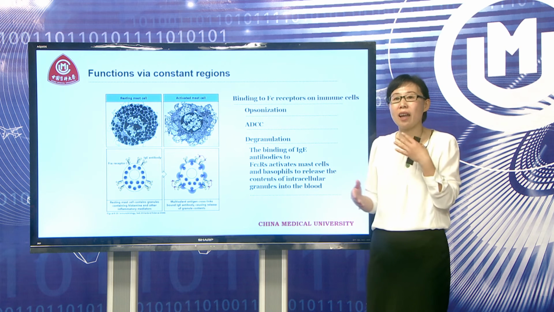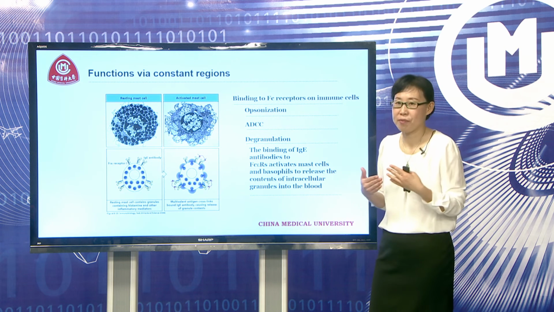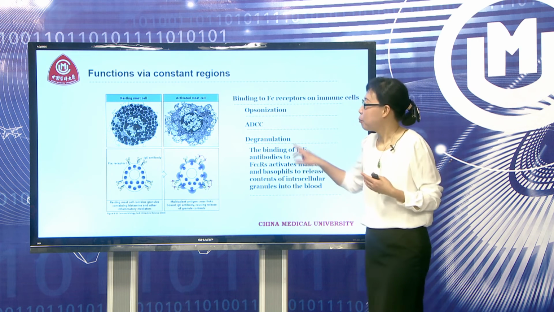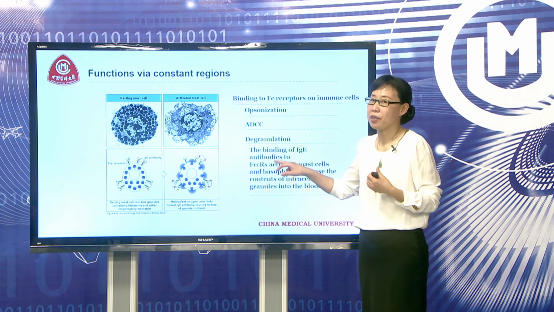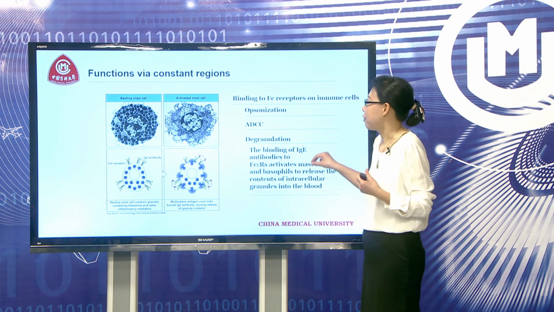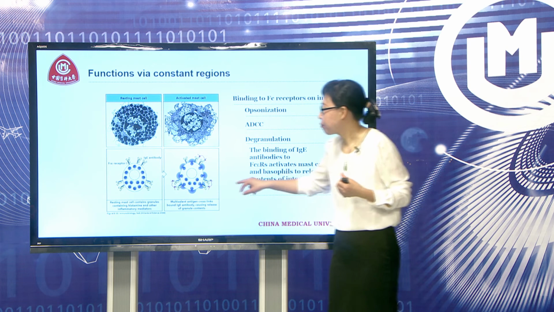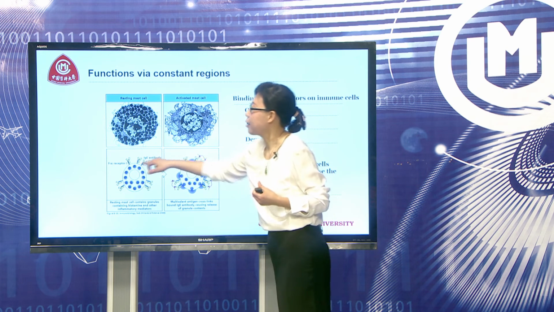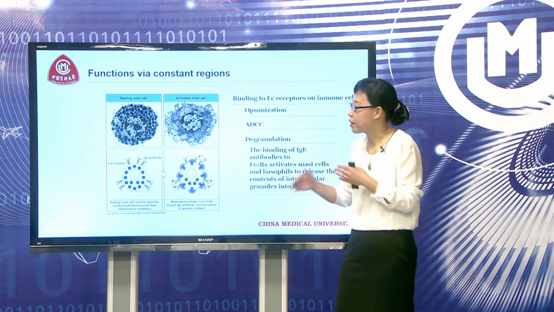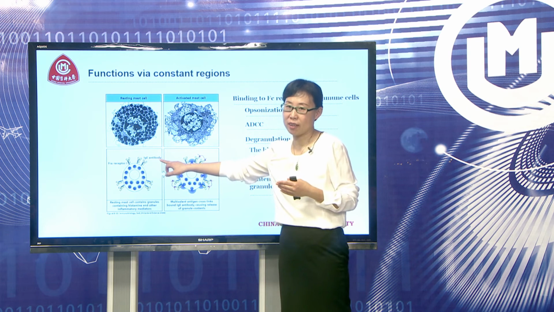But how can these cells be activated? Mast cells and basophils express a unique receptor, which is called Fc epsilon receptor. And this receptor combines with IgE antibody.